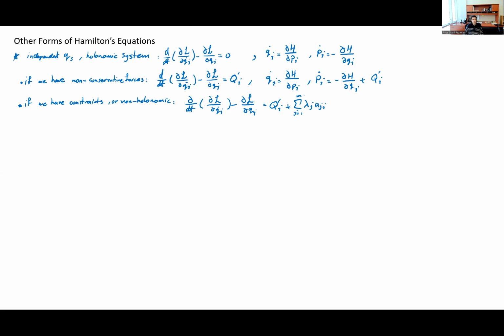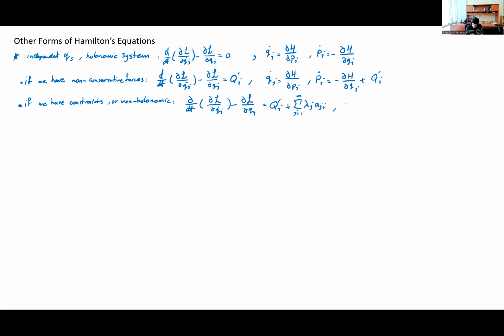We had m constraints, and these lambda j's were the Lagrange multipliers, tightly related to the idea of constraint forces.